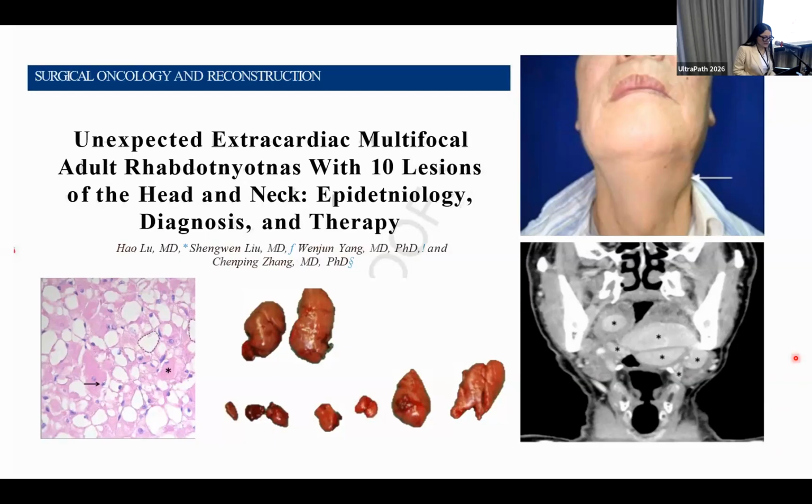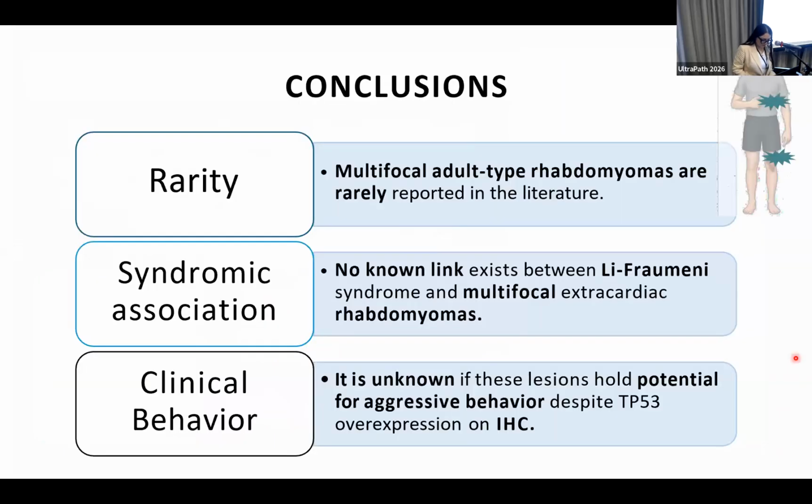The presentation is in the chest wall and in distal extremities. So as a conclusion for this case, it's very rare multifocal adult rhabdomyomas, and there is no known link between this syndrome and these multifocal rhabdomyomas.